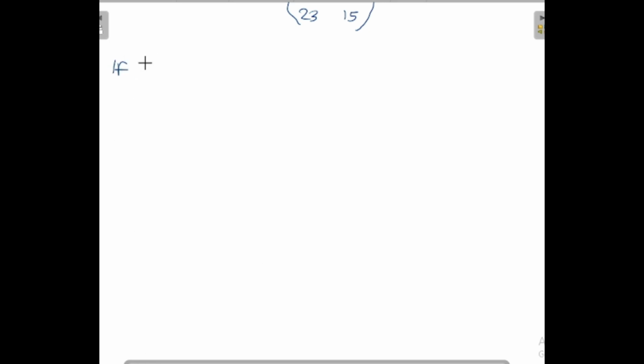If P equal to 3 2 1, 2 3 1, and Q equal to 1 2 1, 2 1 3.